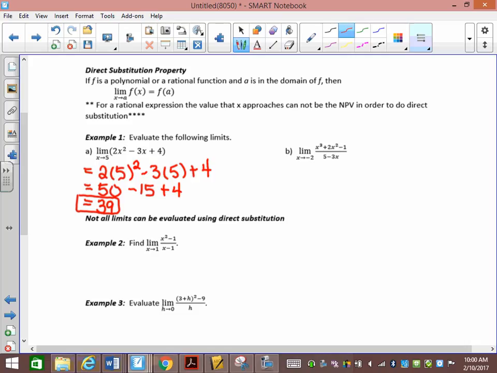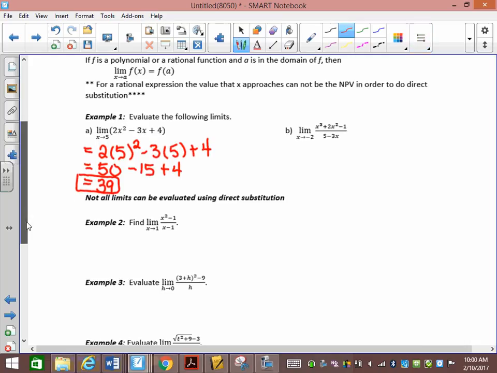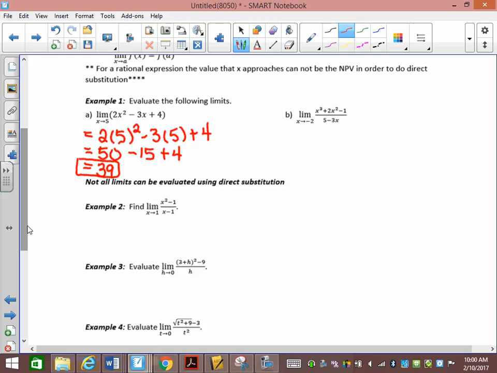We're going to do some math so that it does work. So B, if we take the negative 2 and we fill it in, we get negative 2 cubed plus 2 times negative 2 squared minus 1, over 5 minus 3 times negative 2.